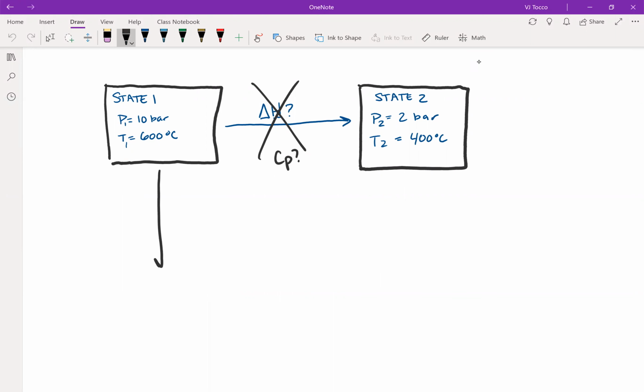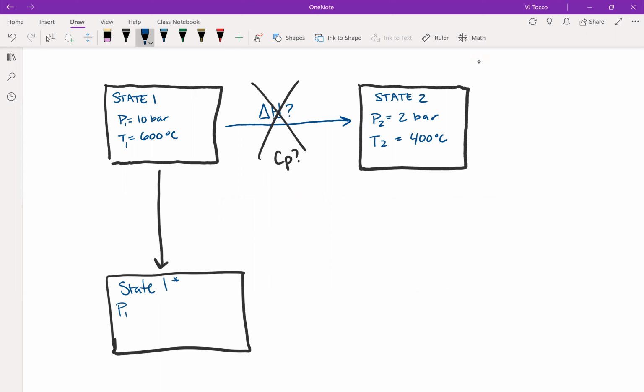So let's instead first try going down to a state in which I can assume an ideal gas, and that'll allow me to use what Cp is. I'm going to call this state 1 star, to denote that it's state 1, but assuming ideal.